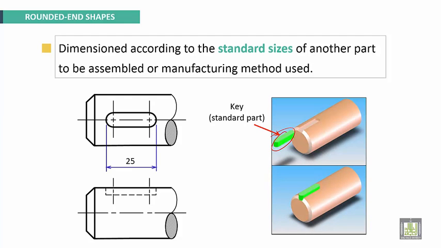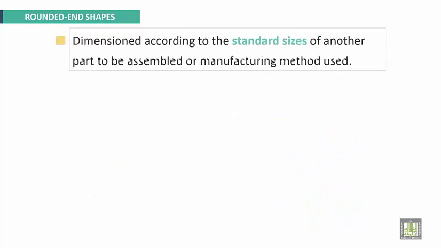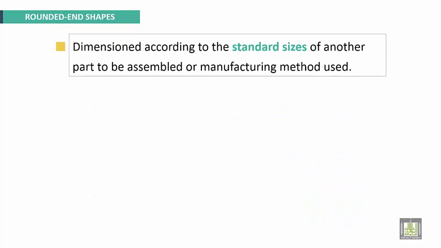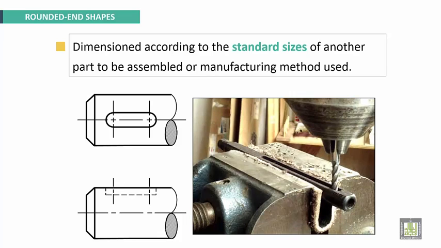Okay, so we have to specify the total length of the keyway. Another example here to show the manufacturing process of the keyway. We have to specify center to center distance.